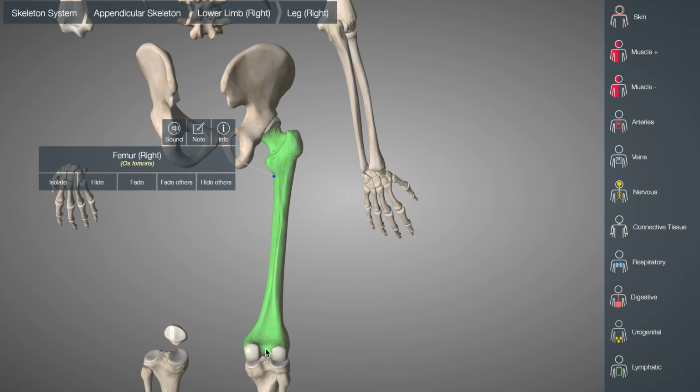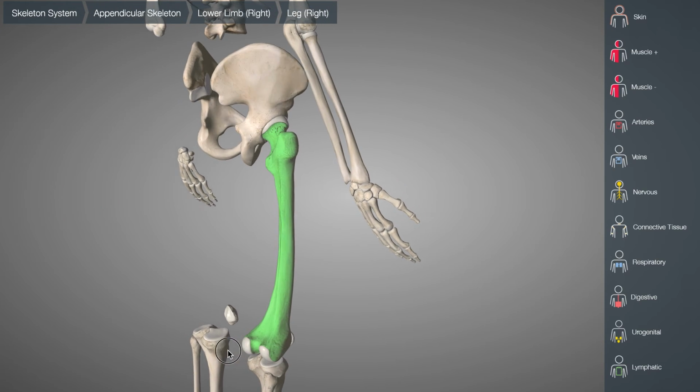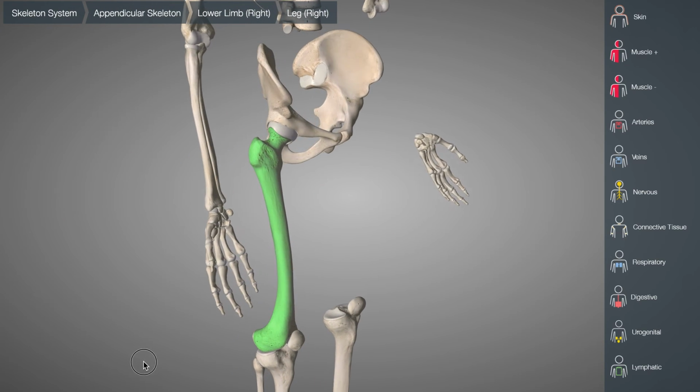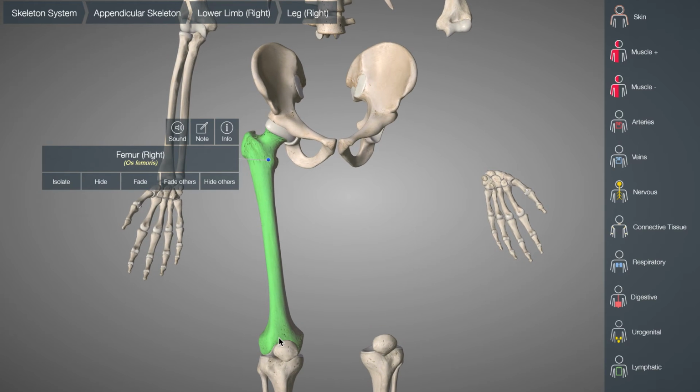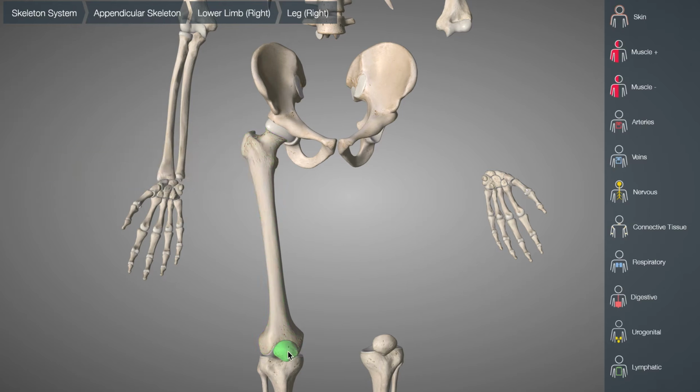And we also have, if we go ahead and look at this side, a flattened bit where the patella, the kneecap, goes into. So we also have the patella right over here, and that's connected by a lot of connective tissue.